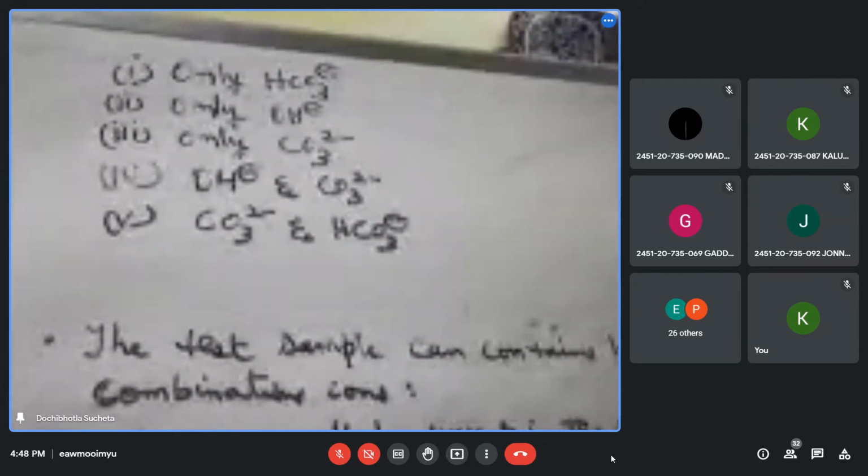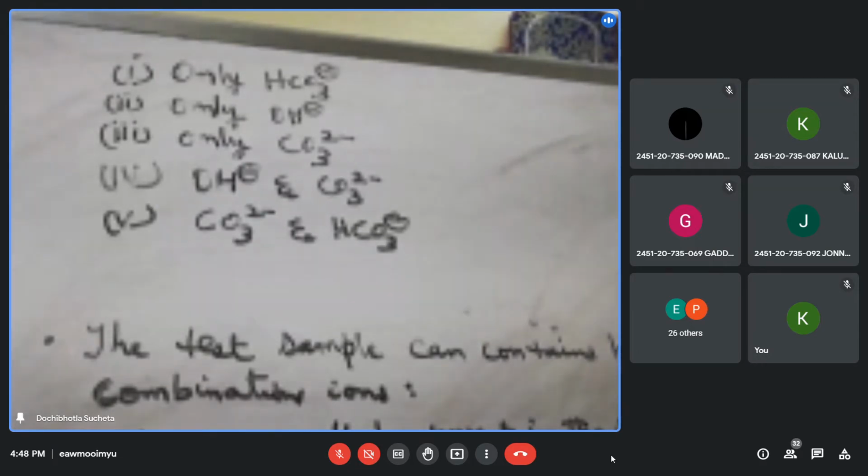Whereas the phenolphthalein indicator is one which cannot detect bicarbonate ion at all. That means if you add phenolphthalein indicator to a solution containing only bicarbonate, it will not show any color change. And it can detect only OH minus and carbonate.